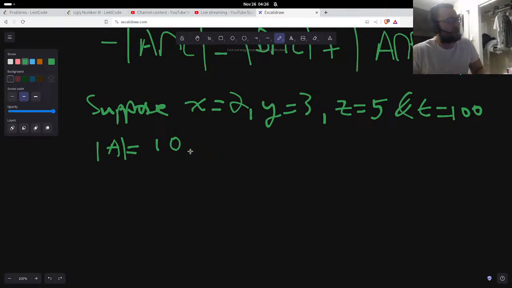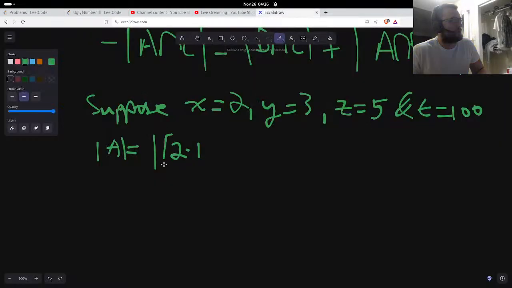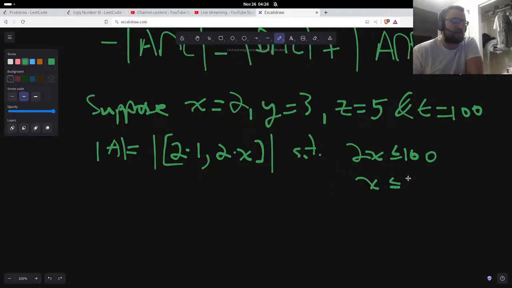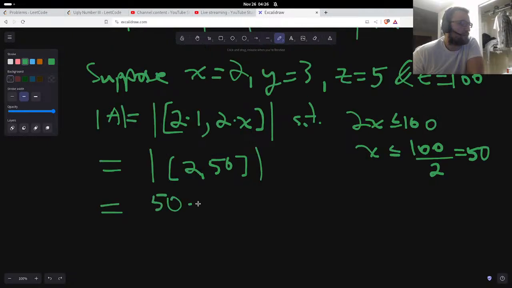It's going to be the size of 2 times 1, 2 times X, such that 2 times X is less than or equal to 100, which means that X is less than or equal to 100 over 2, which is 50, which gives me size of 2 to 50 inclusive, which is 50 minus 2 plus 1, 49.